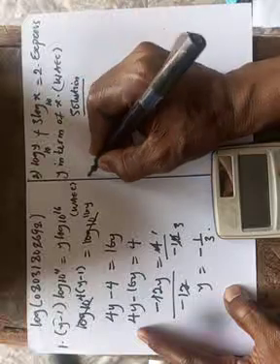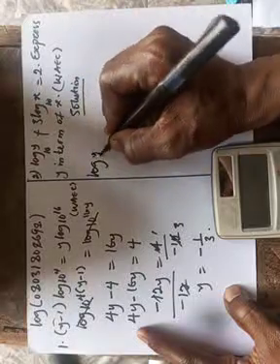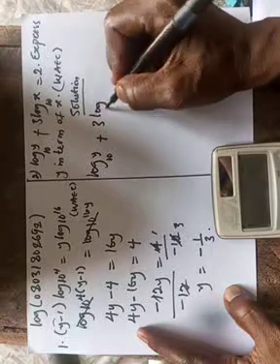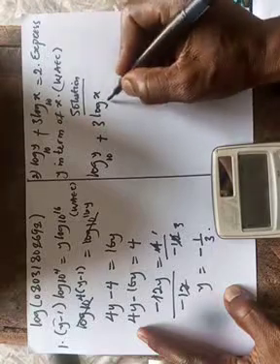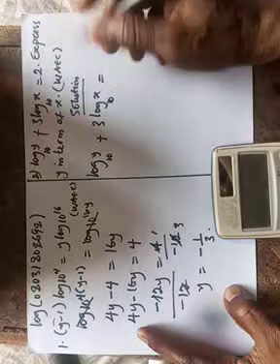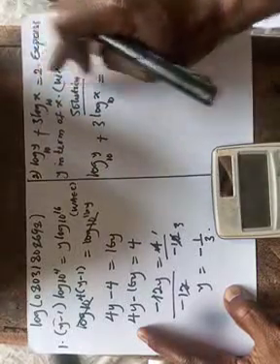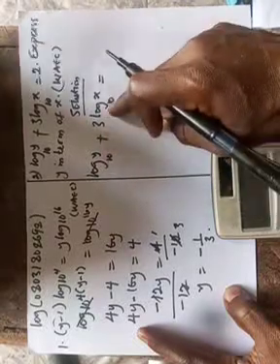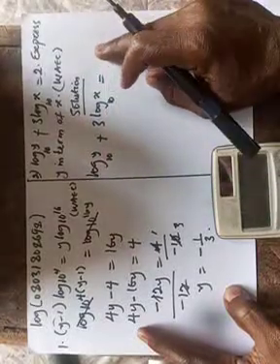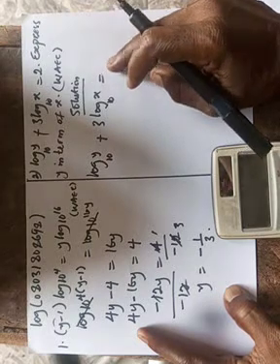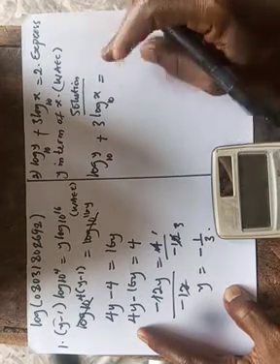So we'll have log y base 10 plus 3 log x base 10 equals, now we can put the right side in the same logarithm. Log 10 base 10 is 1. Log 100 base 10 is 2. Log 1000 base 10 is 3.